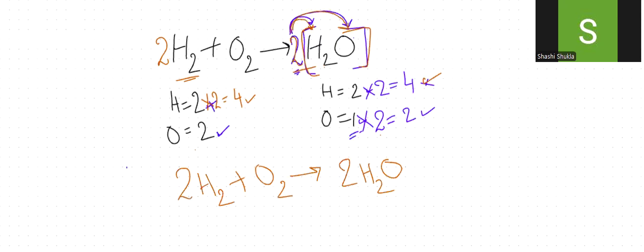The other thing is you have to go back and look if everything is balanced. If you balance this, the other thing may get imbalanced. So you have to make sure that all the elements in a reaction are balanced. Okay, so we'll take one more example. I hope this is clear.